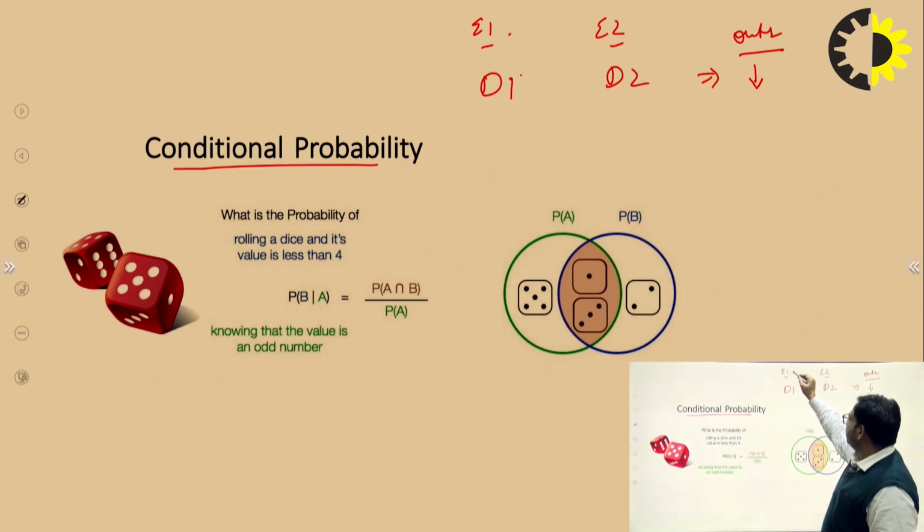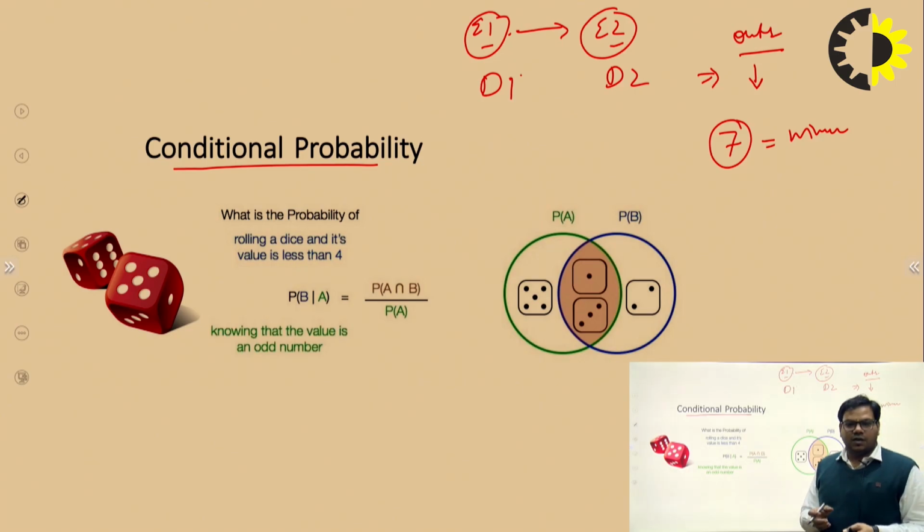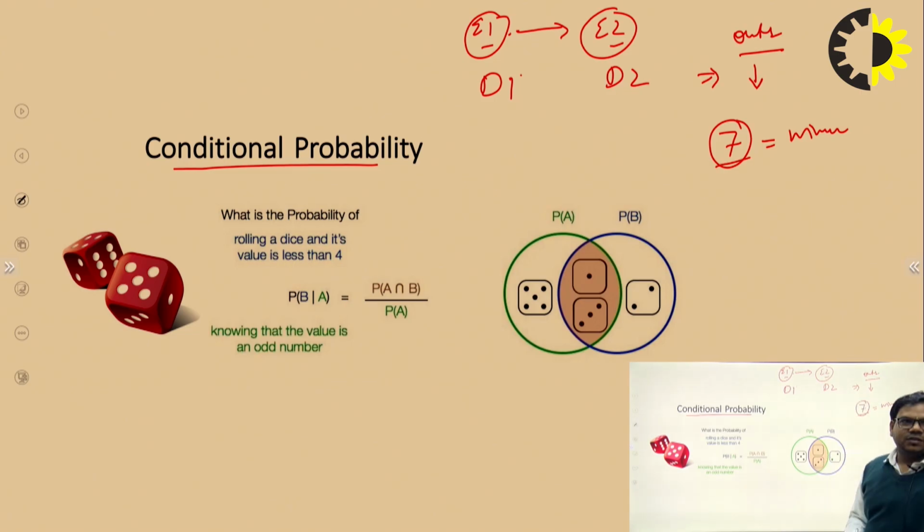Means if E1 happens as something, then its value would be dependent on the functioning of E2. For example, I need a total of 7 from these dice just to be a winner. In the current chance, my player could be a winner if I get 7 out of these dice.